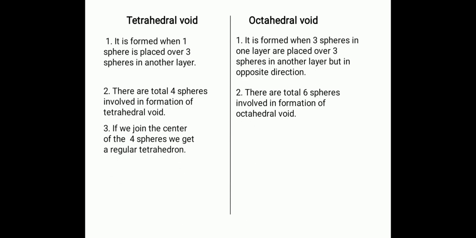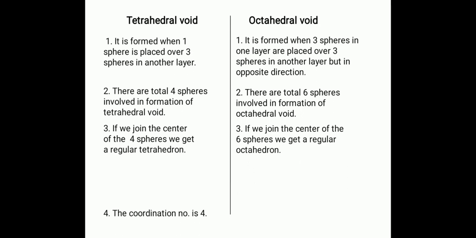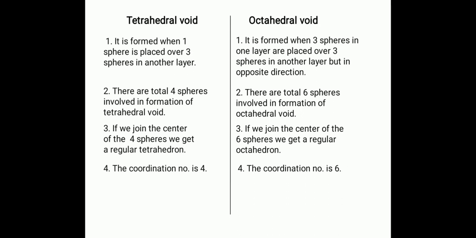For the formation of a tetrahedral void, we require 4 spheres, whereas for an octahedral void, we require a total of 6 spheres. If we join the centers of the 4 spheres, the shape formed represents a tetrahedron, whereas in an octahedral void, if we join the centers of the 6 spheres, the figure formed is an octahedron. The coordination number of a tetrahedral void is 4, whereas the coordination number of an octahedral void is 6.